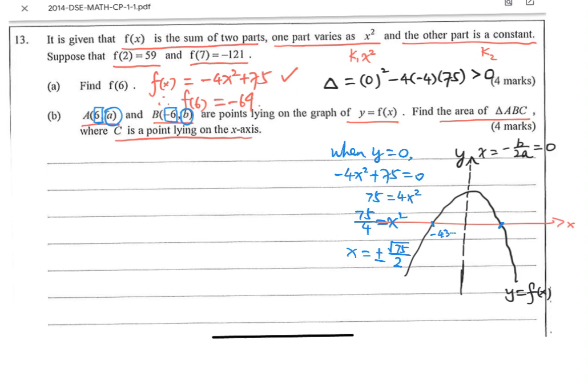Okay, you just have the approximate values, and this one should be positive 4.33 something. We don't need to know the exact value, because I just want to know where negative 6 and positive 6 are. So they must not be within these 2 points, they must be outside this range.